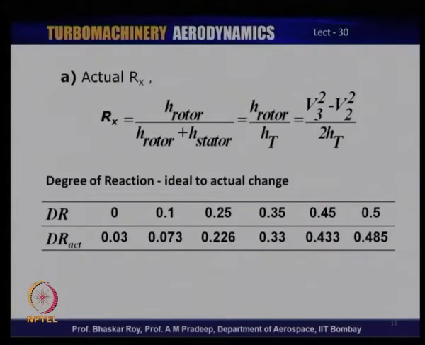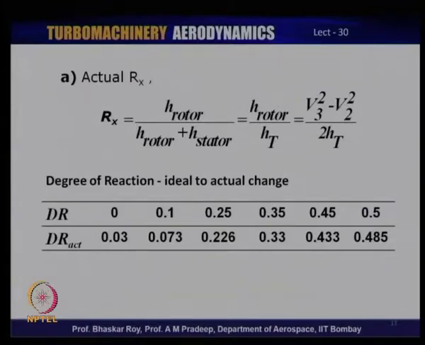Then of course, you need to find the value of degree of reaction. Now, degree of reaction, as we have defined before, is the static enthalpy change in the rotor to that in the rotor and stator put together, and this typically can be denoted in terms of the change in relative velocity across the rotor, and that gives us some idea about what the degree of reaction should be. If we relate that, we get a value of degree of reaction.